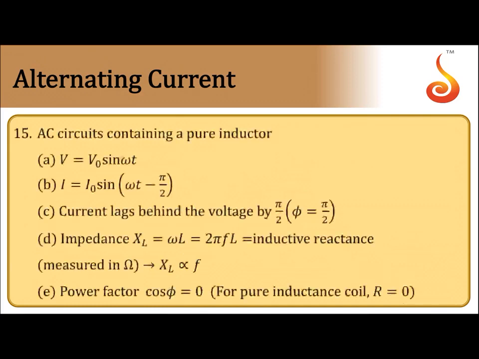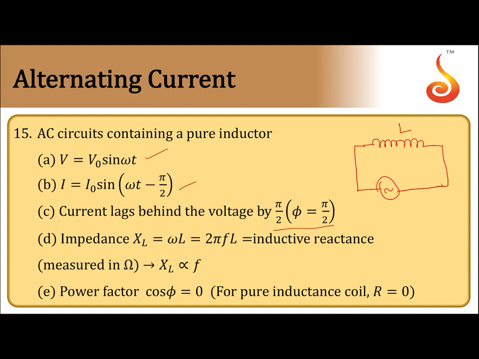Next, if you consider AC circuit containing pure inductor, then in case of pure inductive circuit, if voltage is V0 sin omega t, with inductor connected to AC source, then current in the circuit is given by I is equal to I0 sin omega t minus pi by 2. So current lags behind the voltage by pi by 2.